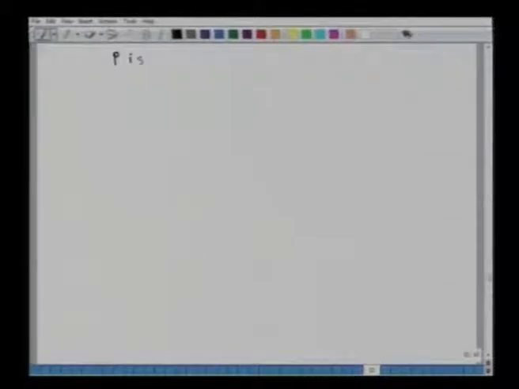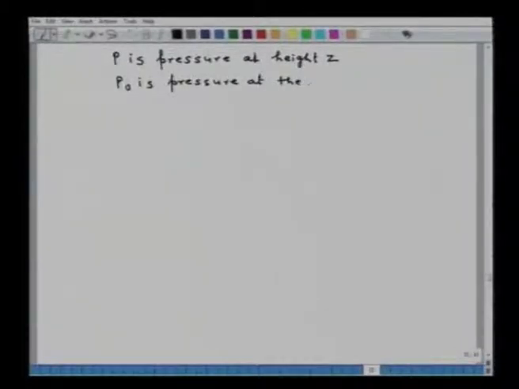Now, in this expression, P is the pressure at height Z, and P0 is the pressure at an arbitrary datum plane of 0 height.